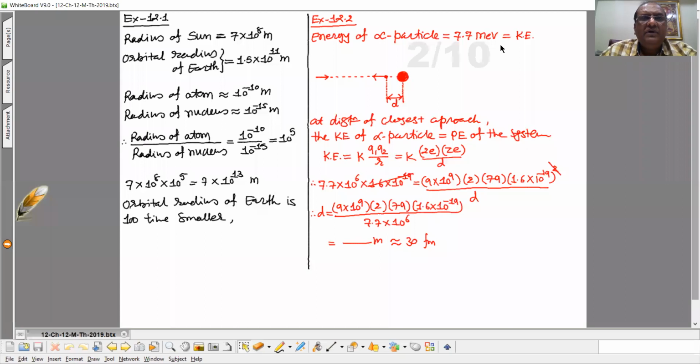Now, example 11.2. In a Geiger-Marsden experiment, what is the distance of closest approach to the nucleus of a 7.7 MeV alpha particle before it comes momentarily to rest and reverses its direction?